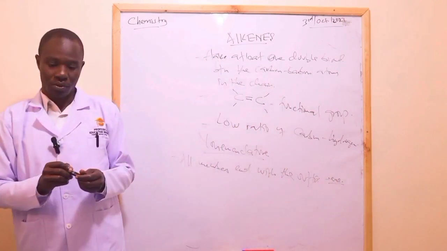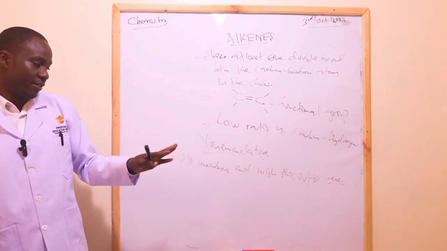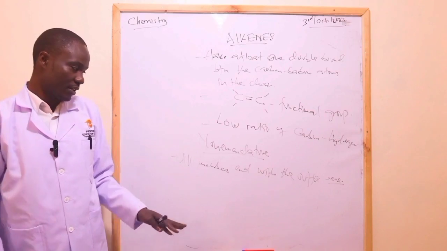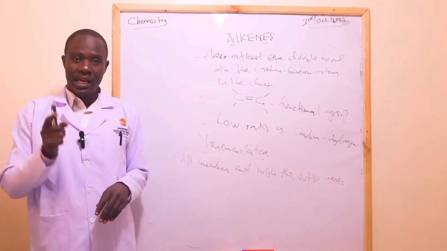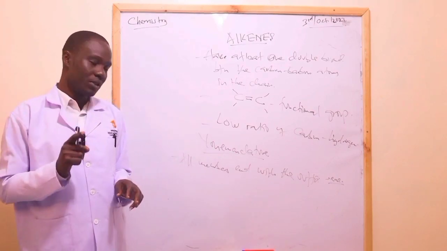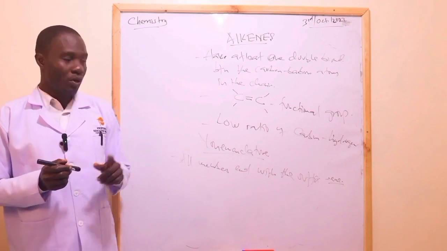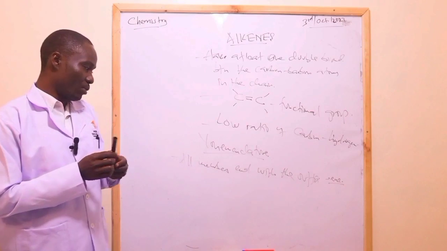That's what you need to know. In this case, the first member has got the minimum number of carbon atoms, which are two, not one. Only alkanes have the lowest member with just one carbon atom.